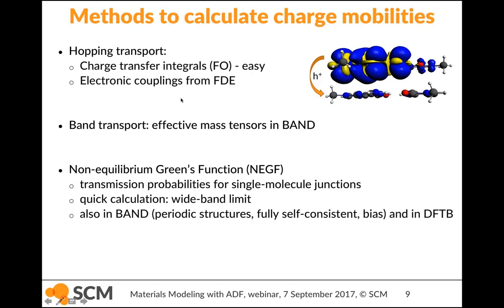And there's a more advanced way of calculating the electronic couplings, and that's using subsystem DFT or frozen density embedding. Again, a little bit more advanced. There's actually a good web presentation on that from Michele Pavanello. If you're interested, I'm happy to send you more information on how that works and what the advantages of using that method are.